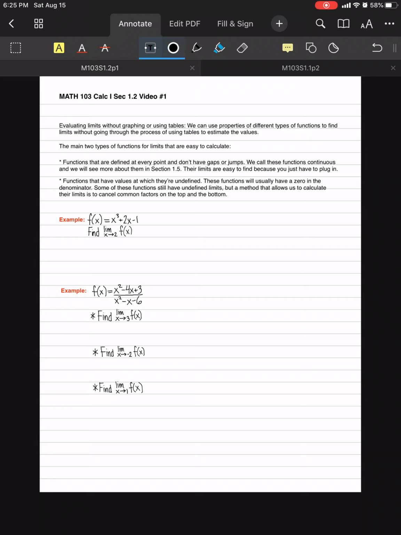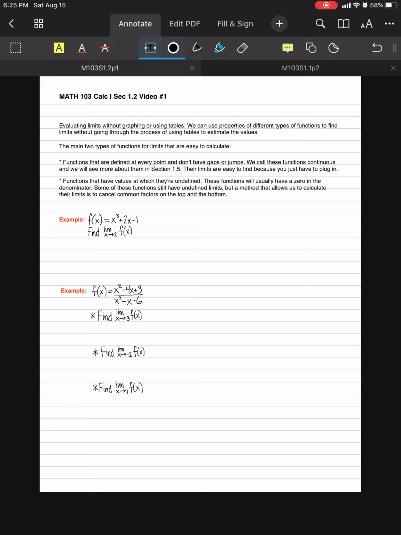This is our first video in Section 1.2, which is on evaluating limits. We've already looked at limits in the sense of getting an idea of what they mean and how you would figure out what one was just by looking at a graph or a table.